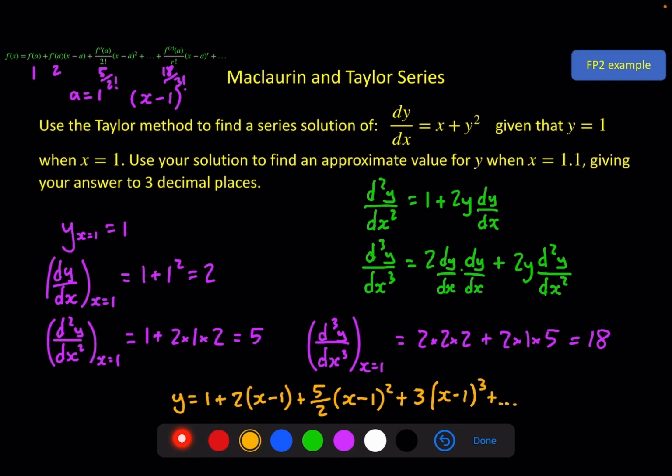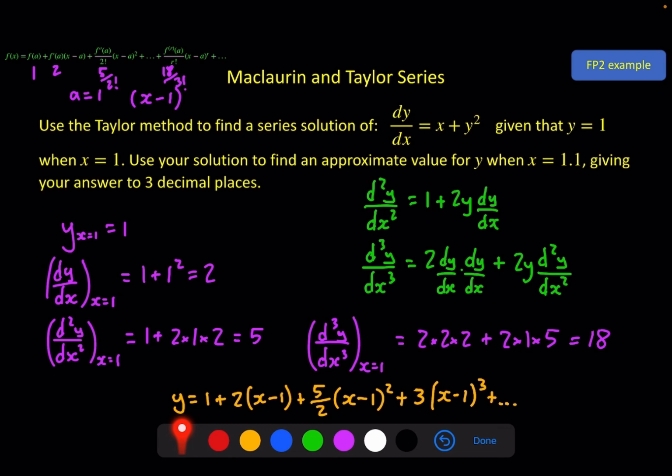So I hope you can see that the general method is exactly the same. We're using the boundary conditions given to work out something new, then differentiate it and use all the information that we've got to work out the value of that, differentiate again, use all the information we've got to work out the value of that, and you just keep going.